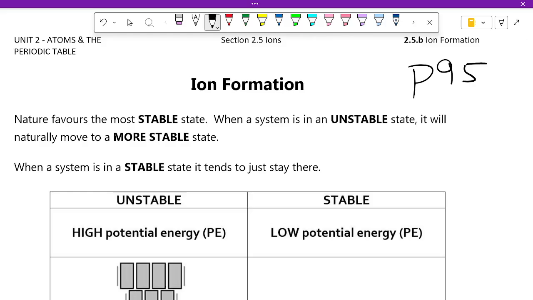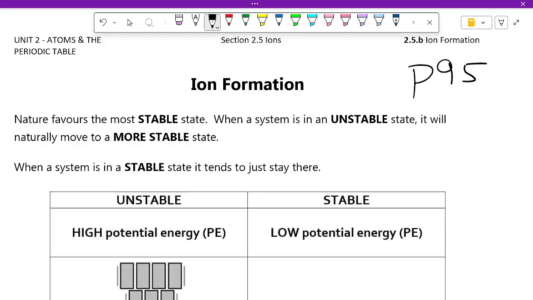I want you guys to look at this pen. Where is it more stable, here or there? There. Does nature want this pen to be less stable or more stable? More stable.